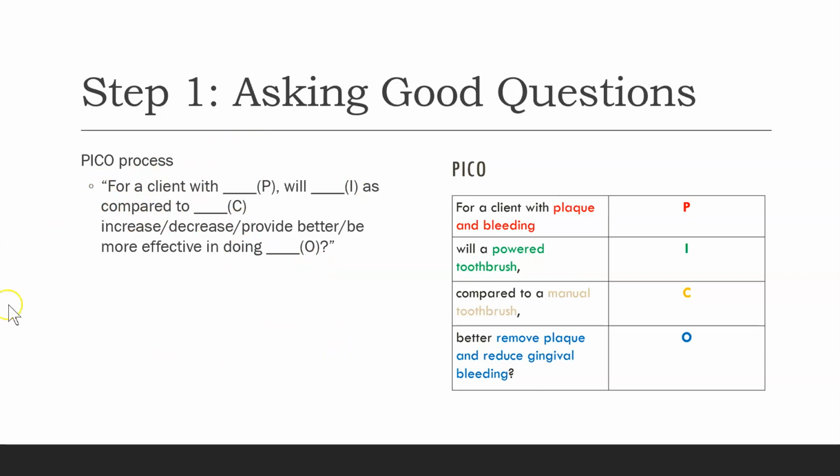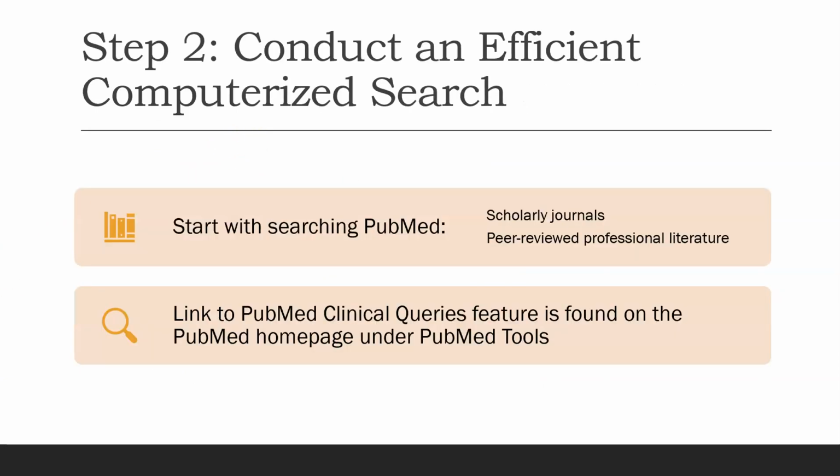So step 1 is ask. Step 2 is access or acquire, which means you're doing a computerized search with PubMed. You're finding scholarly journals. You're finding peer-reviewed literature. Peer-reviewed, when you see that word, means there are people who have reviewed your articles, people who know about the topic, so like people that are educated that have reviewed the paper and have given feedback to the author, to the researcher, and then once the researcher corrects all their feedback, then they publish it.